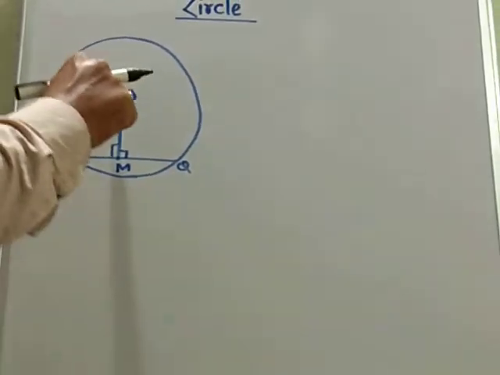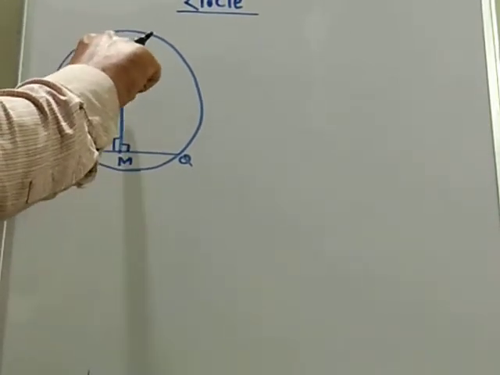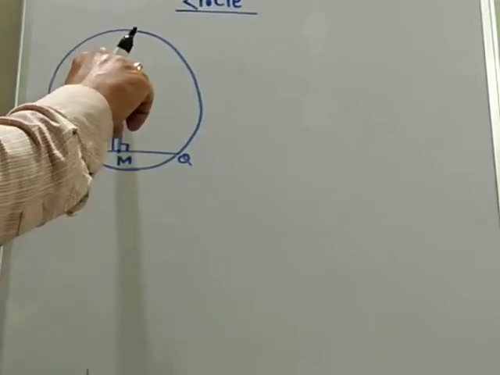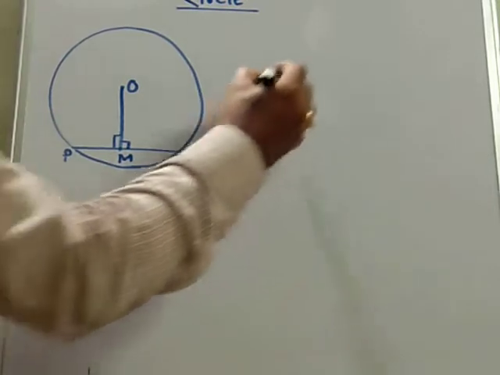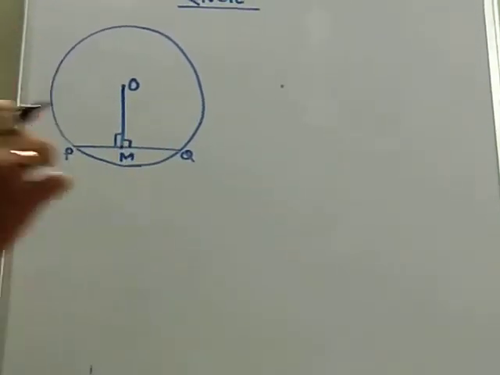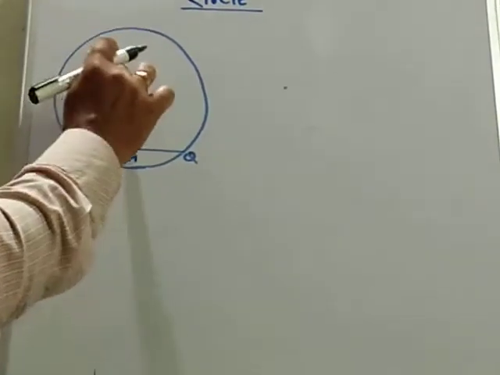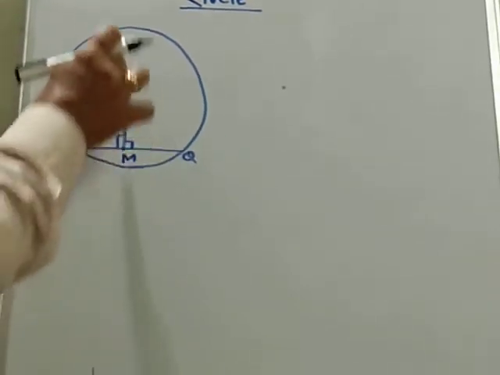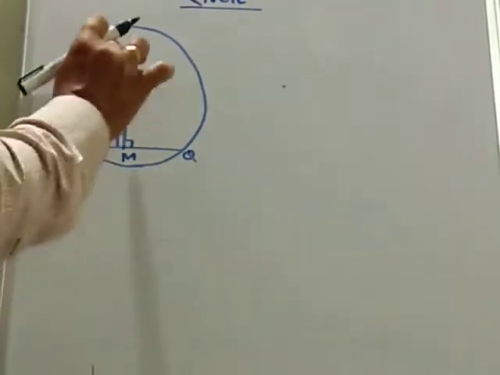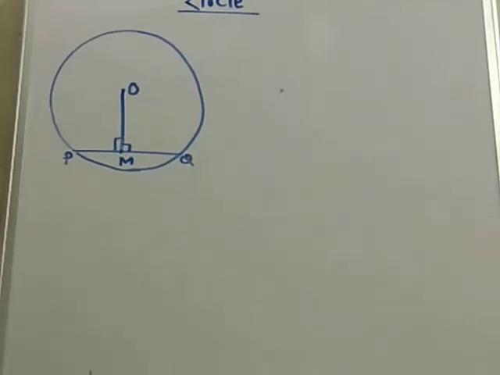OM is the segment joining the center of the circle and the midpoint of the chord. This is the second property of the chord.